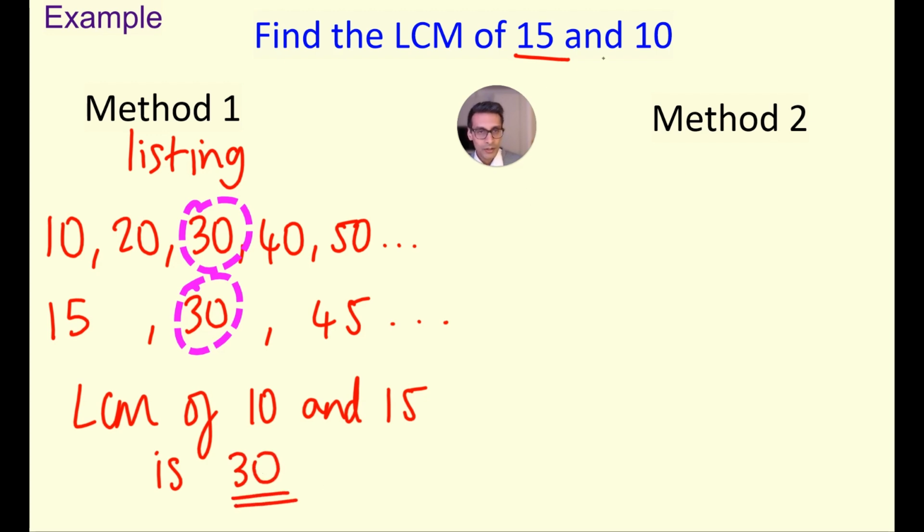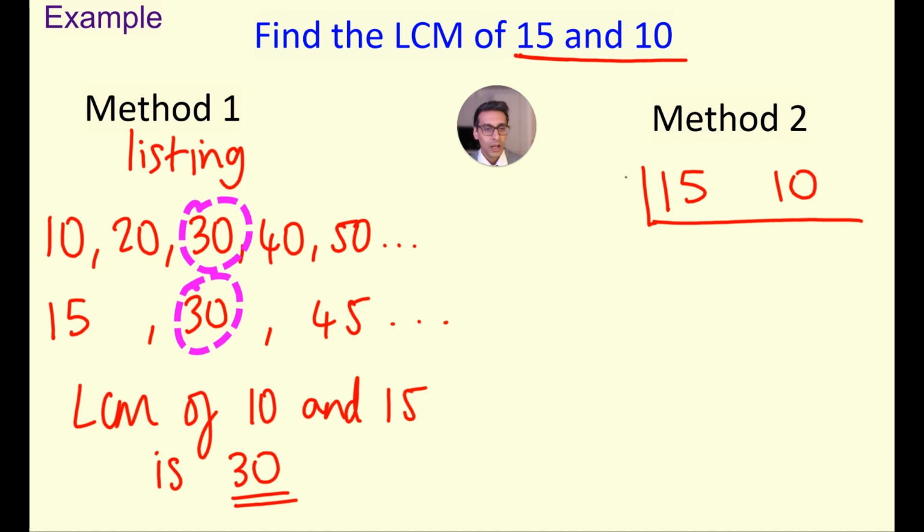Now, the second method is going to be new to you. It's kind of a variation of the upside down bus stop method, except this time we're going to put two numbers in, 15 and 10. Now you're used to prime factor decomposition. This is different because we don't have to use prime numbers. We will in this case, but we don't have to. Any number that goes into both will work.